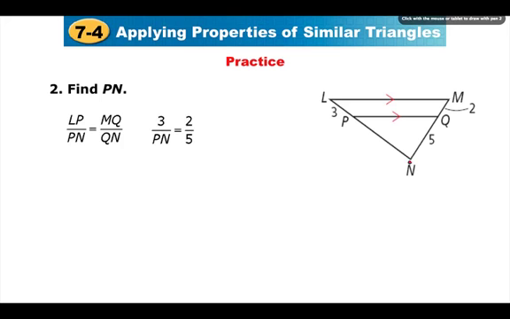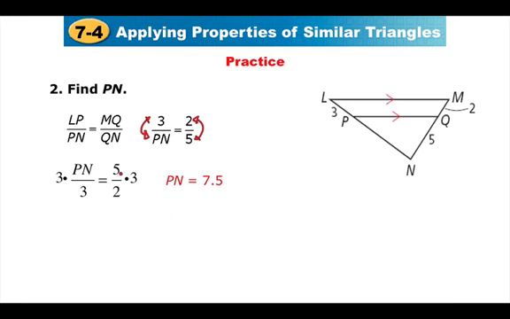Then I substitute the information that I know, and at this point, just to make my life a little bit easier, I get the reciprocal of both the ratios, and that leaves me with PN on top. So if I want to solve for PN, I'm going to multiply both sides by 3, and I simplify 5 times 3, which is 15, divided by 2, which is 7.5. And this is the answer to number 2.